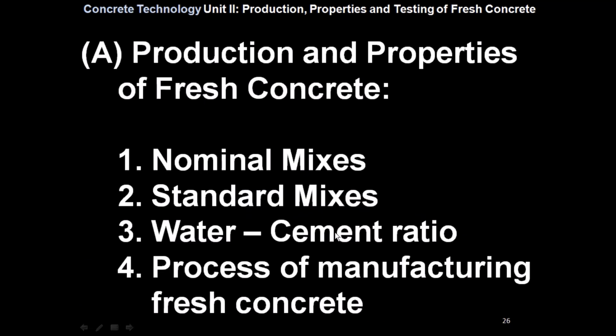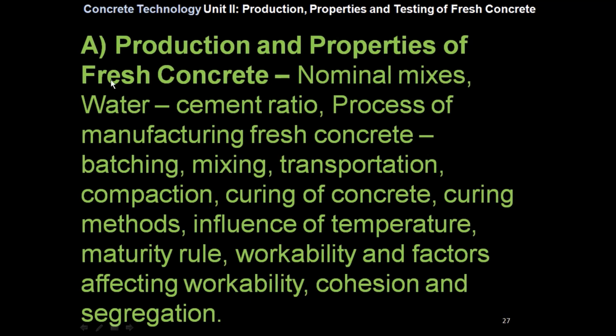So we have seen in part A, production and properties of fresh concrete. First, the nominal mixes. Second, we have seen standard mix. Third, we have seen the water cement ratio. And fourth, we have seen the process of manufacturing the fresh concrete. So in part A, as per the syllabus, it includes production and properties of fresh concrete.